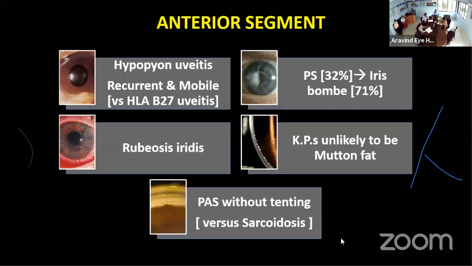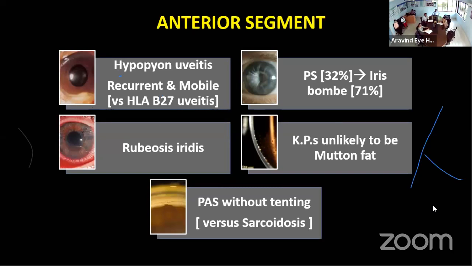So the ocular manifestations include, first let us start with the anterior segment. Characteristically, the Behcets uveitis is known for a mobile hypopyon, and it is recurrent, keeps on coming. A lot of people make hypopyon and uveitis synonymous with Behcets, but it is not so, because the most common type we see in our practice is HLA B27 uveitis. How to delineate Behcets from HLA B27 is very, very simple.